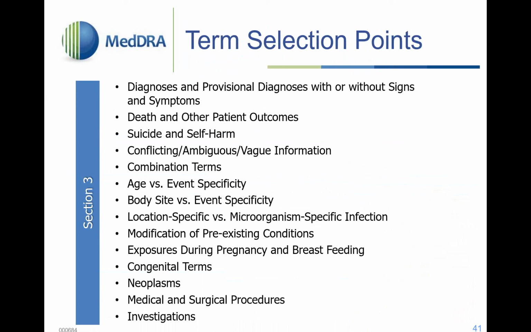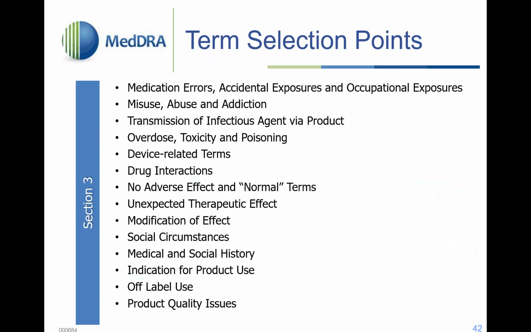If you have a term that includes both a body site and specific events, how do you approach those? How do you approach investigation terms or congenital terms? And there's more: medication errors, abuse versus misuse. How about when you have normal terms or no adverse effects? Or how do you approach off-label use? These are all areas and scenarios that are covered in the term selection points to consider document.